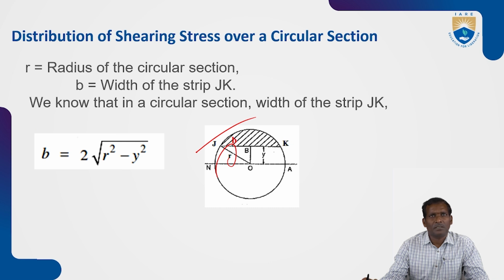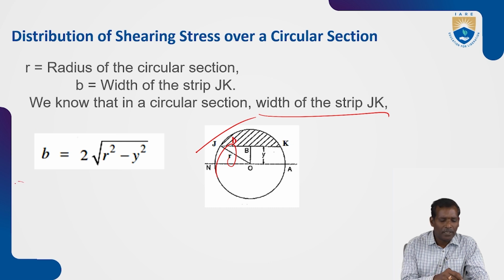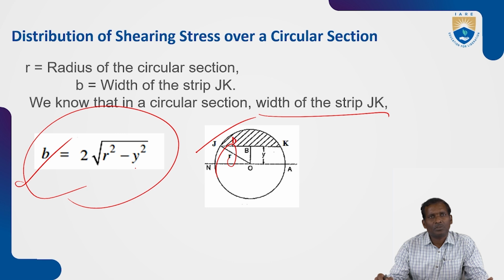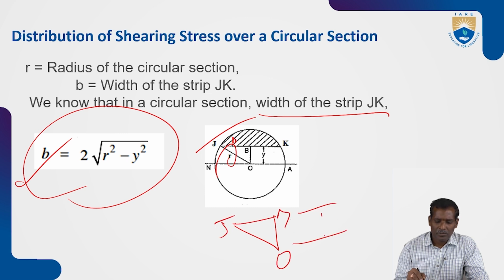We know that for the circular section, the width of the strip JK is calculated as follows. Take this triangle J, B, O, with sides y and R.